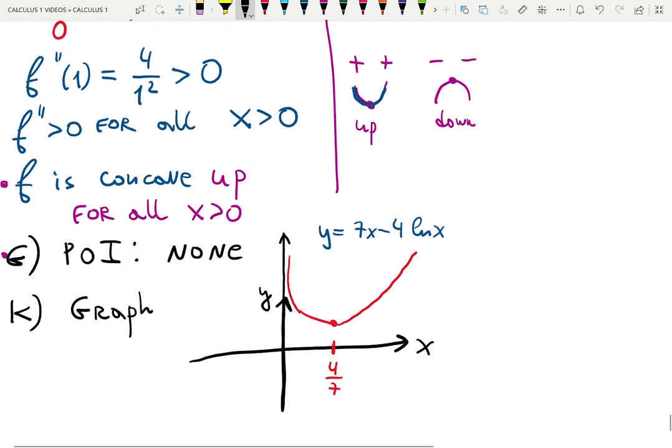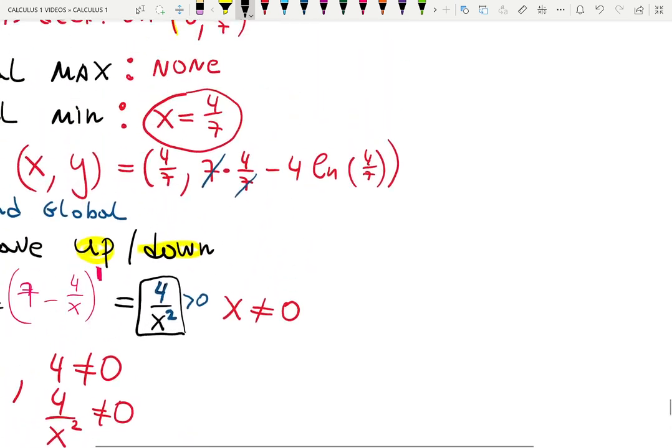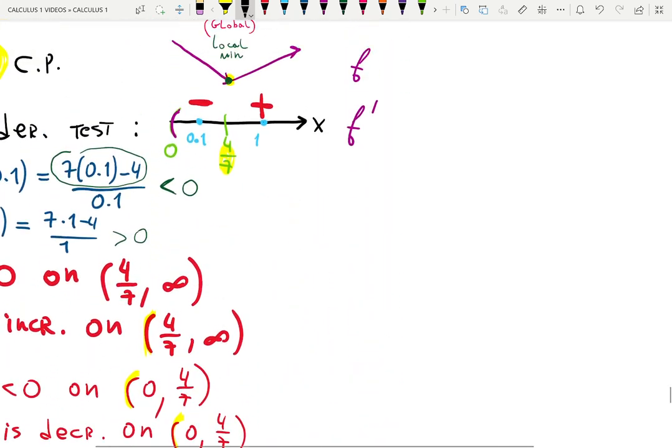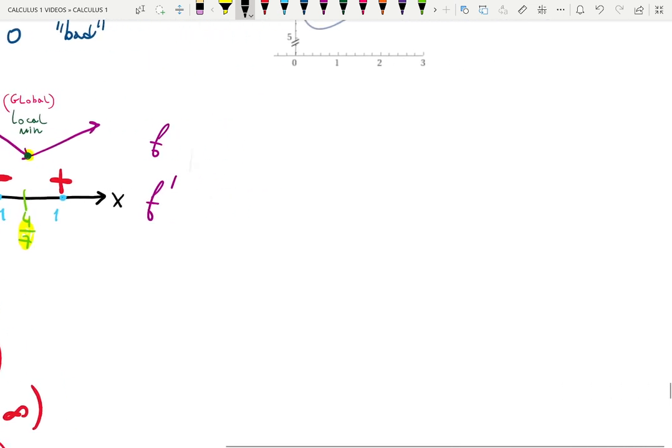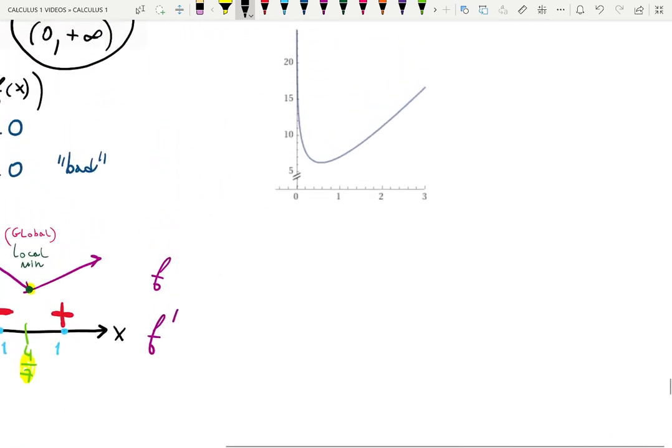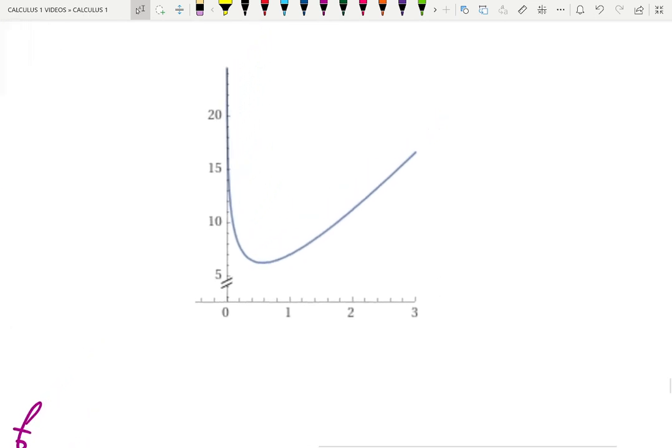I have a professional graph for you. Ta-da! I prepared it for you. A very sneaky move, that I actually knew ahead of time how the graph looked. Here you go. 4/7. The original function was decreasing before that, then it was increasing after that.